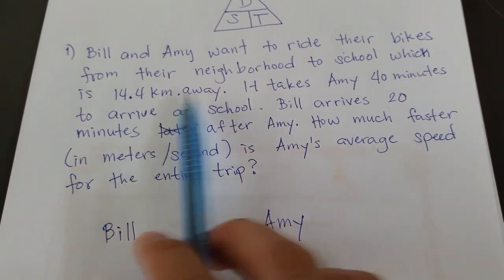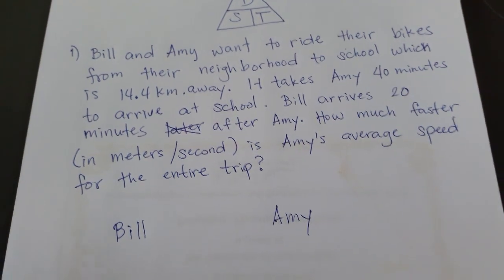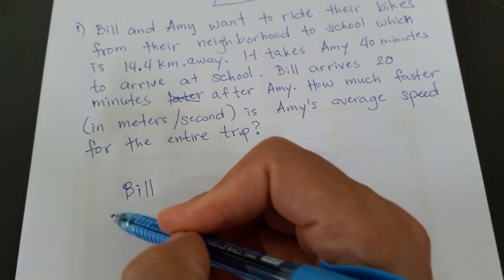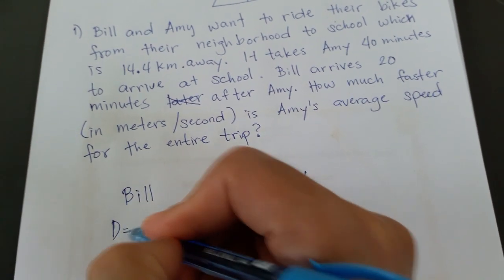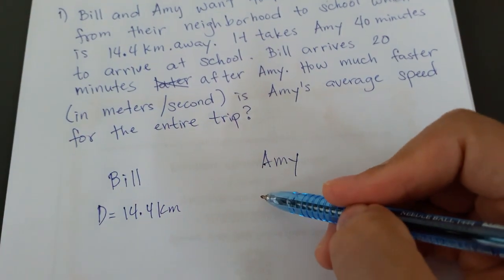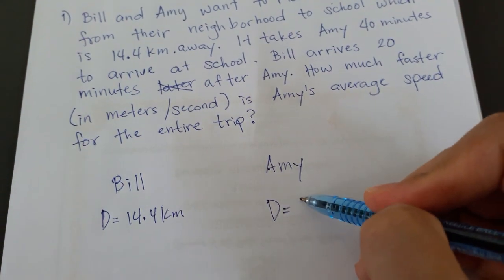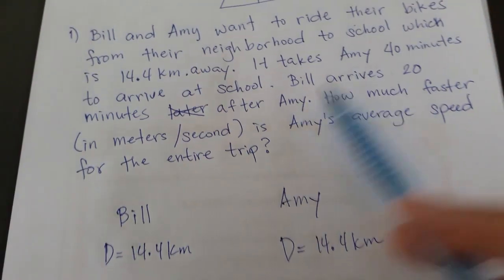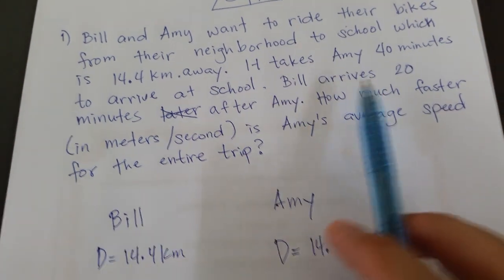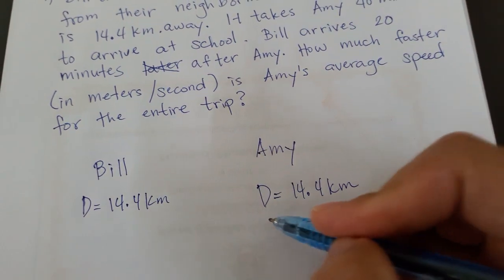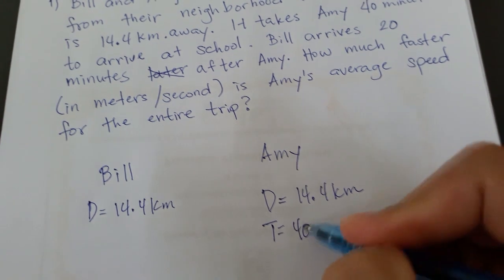Ride their bikes from their neighborhood to school. So both of them have the same distance, 14.4 kilometers. And then Amy is also 14.4 kilometers. Next one. It takes Amy 40 minutes to arrive at school. So the time for Amy is 40 minutes.